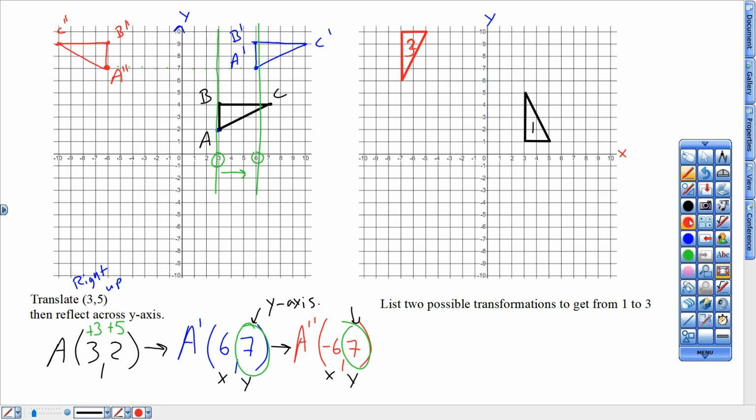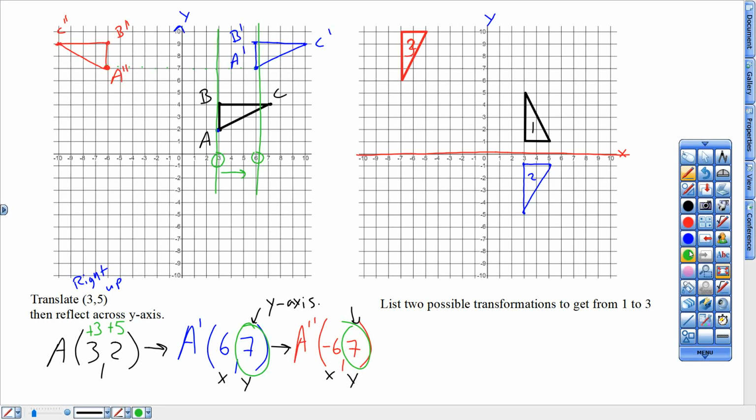So I'm thinking reflecting over the y-axis was not the way to start. Let's try reflecting over this x-axis and see what I get. So when I reflect over the x-axis, equal distance, let's see the shape of my triangle. And I could see with that reflection, it looks super similar to this one I'm trying to get up here.